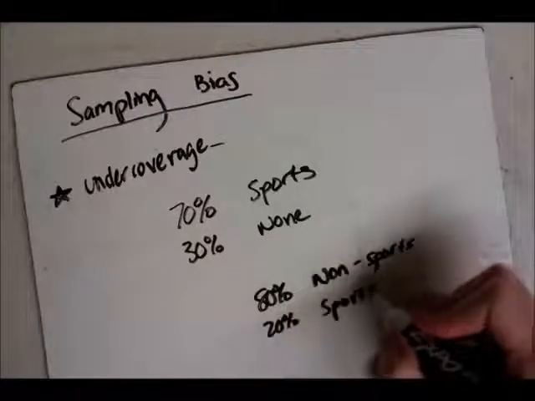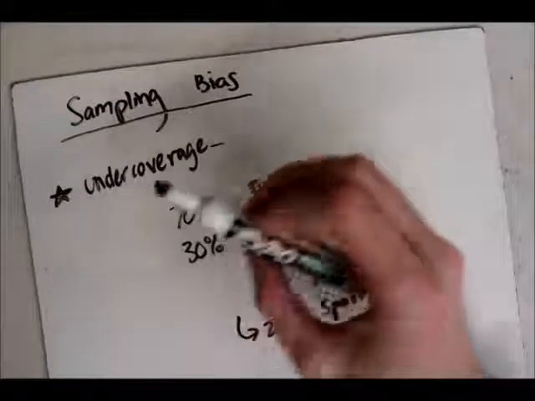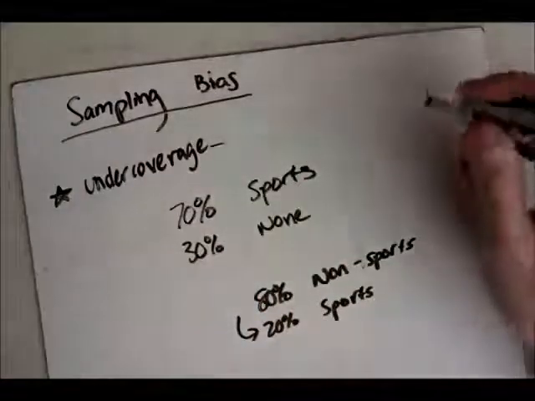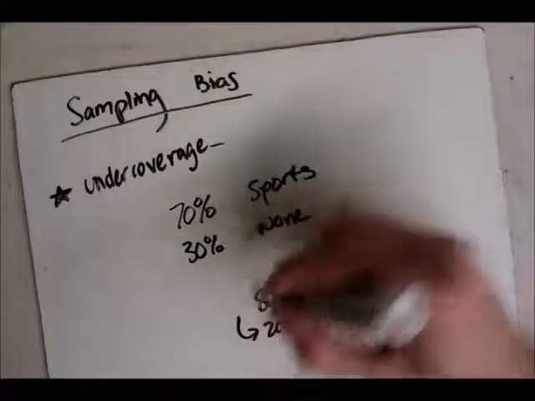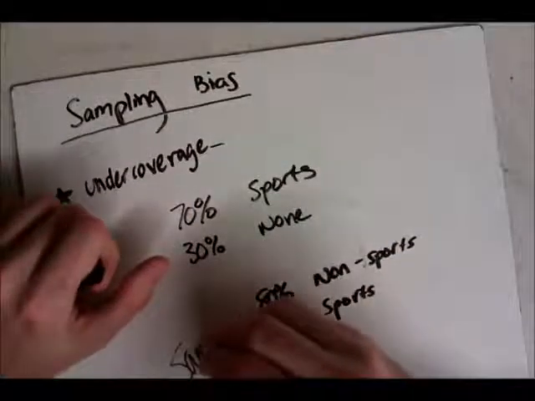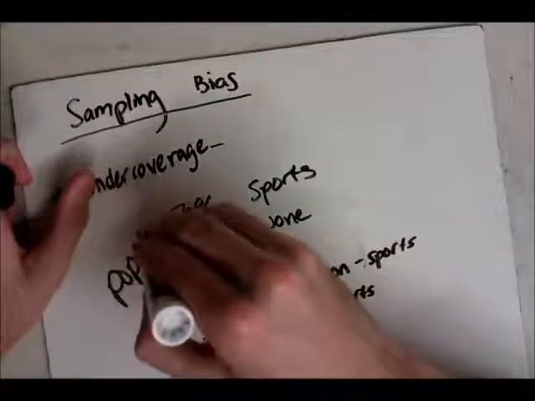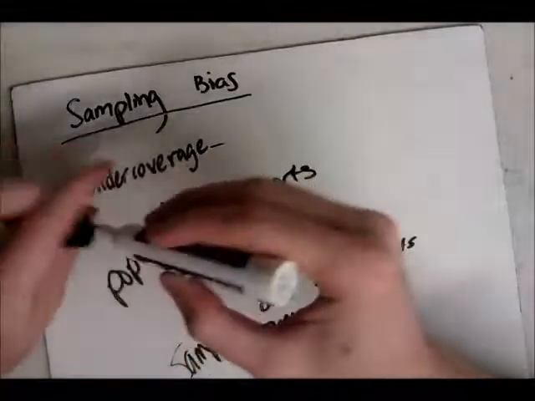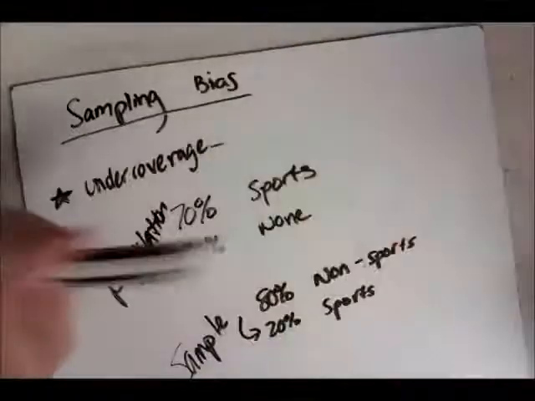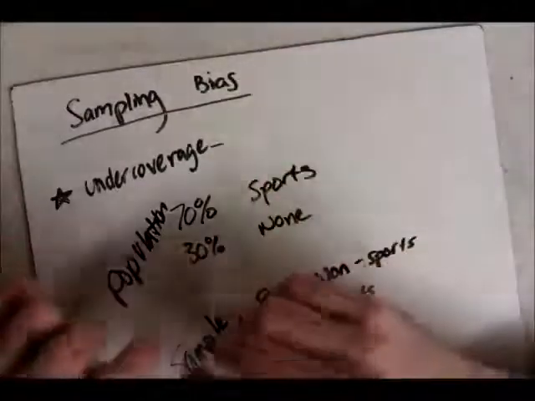Well, in that sample, the people that play sports are underrepresented. They have an undercoverage. So that would not be good, and it would not represent our population at all. So if your sample comes out vastly different from your population, then you have a problem. That's one of the sampling biases. And that comes in with your design, so you would choose to make that problem happen.